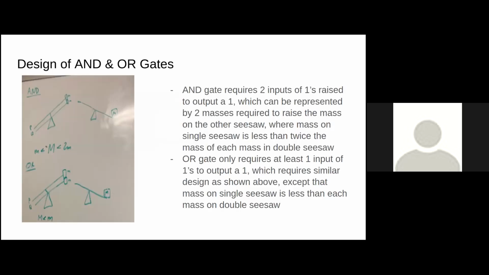So this is the theory behind what we did with our seesaws. We put masses. We had a double seesaw: a fulcrum with two seesaws on one fulcrum, representing each input.